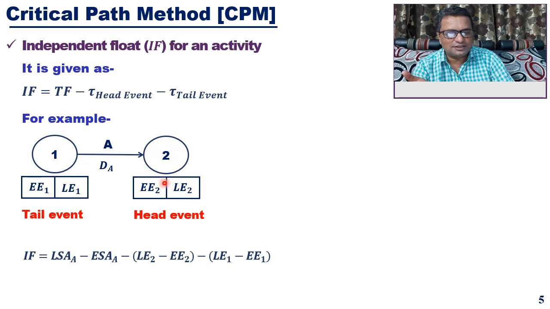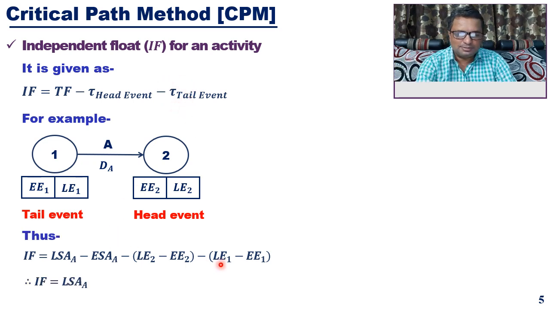Head event is event 2, and its slack is LE2 minus EE2, minus slack for tail event. Tail event is 1, and slack for event 1 is LE1 minus EE1. What have we done in this step? We have simply written the equation for total float, then the slack for head event and the slack for tail event.